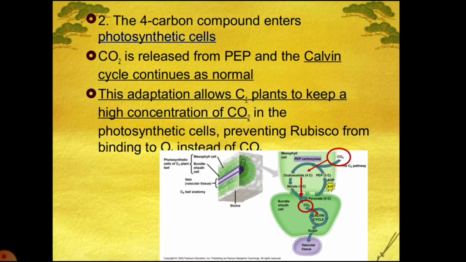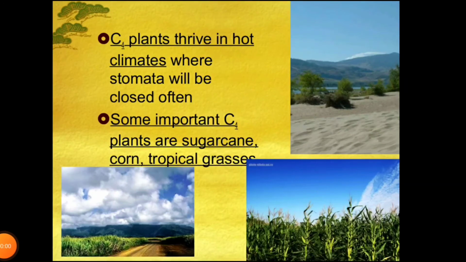Thus, the basic pathway that results in the formation of the sugars, the Calvin pathway, is common to C3 and C4 plants. The Calvin pathway occurs in all the mesophyll cells of the C3 plants. In the C4 plants, it does not take place in the mesophyll cells but does take place in the bundle sheath cells.